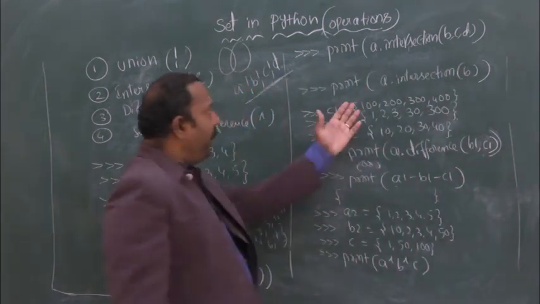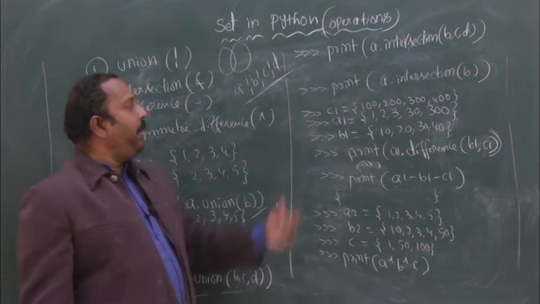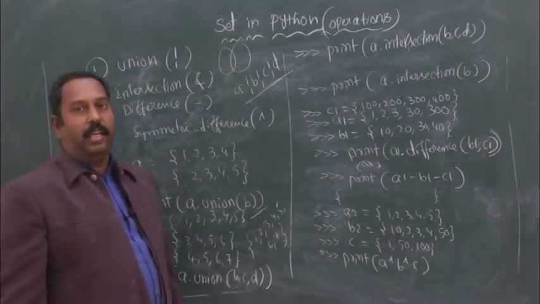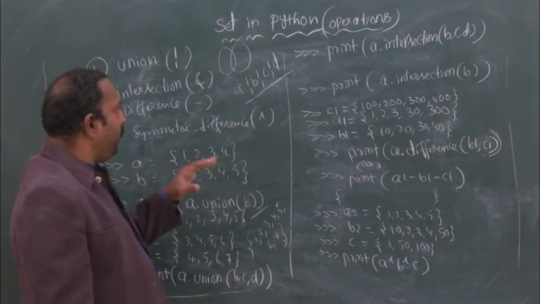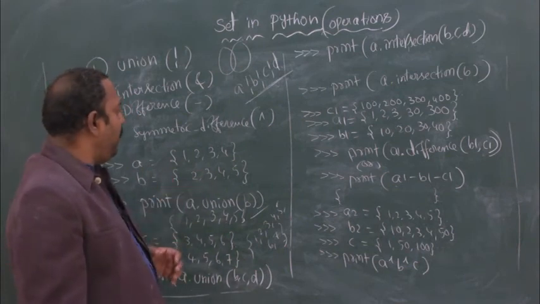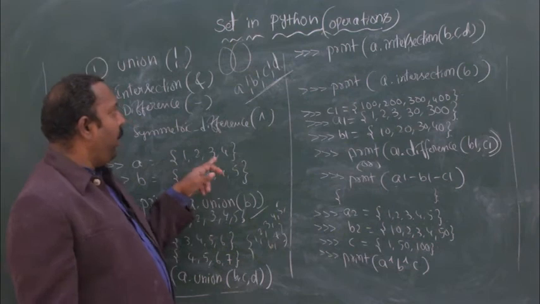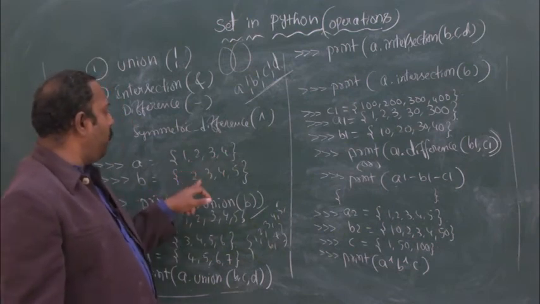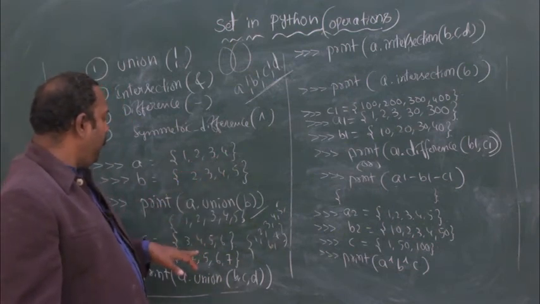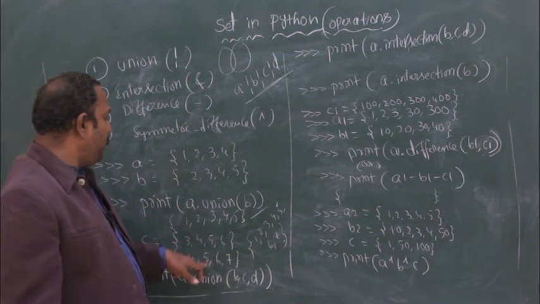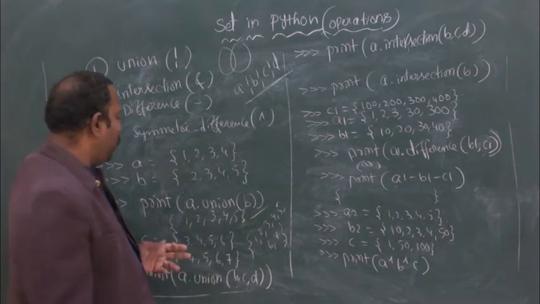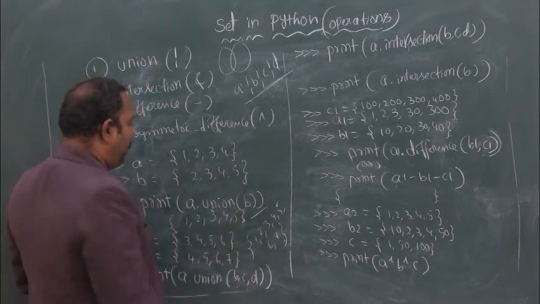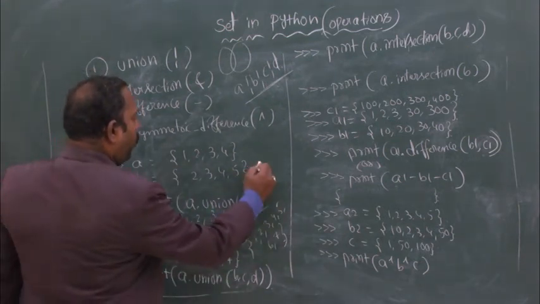Next one is the intersection operation. Print A.intersection(B, C, D). Intersection means, as you already know, common elements. So what are the common elements in A, B, C, D? In A and B, the common elements are 2, 3, 4. In C and D, 4, 5, 6 are the common elements.